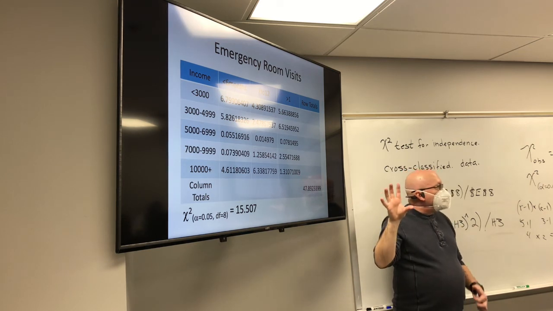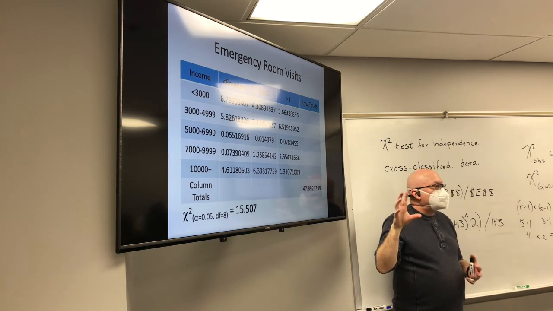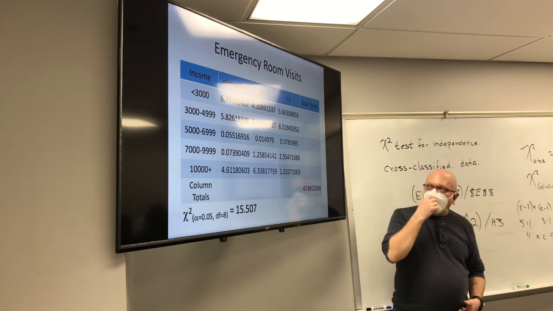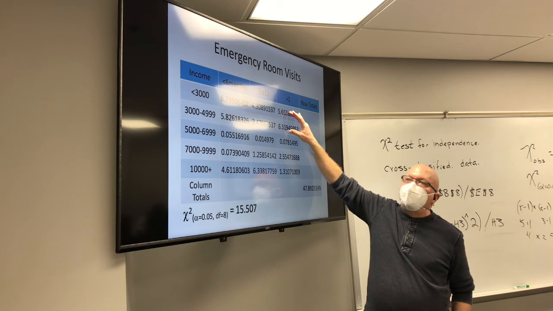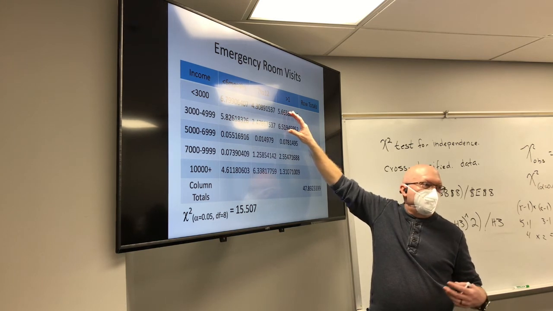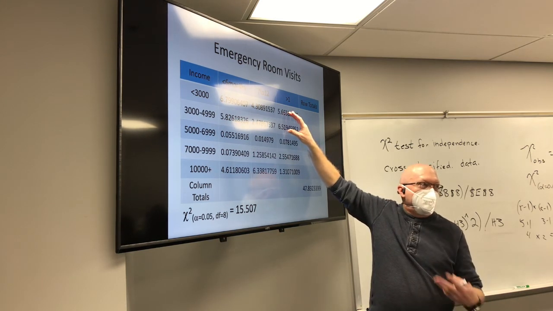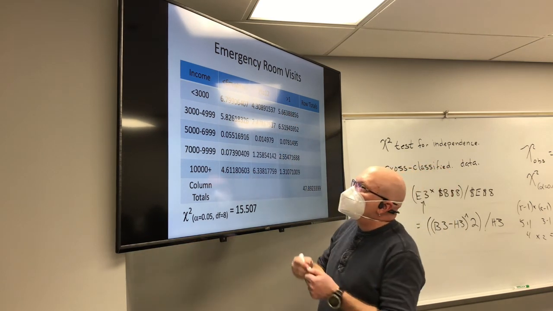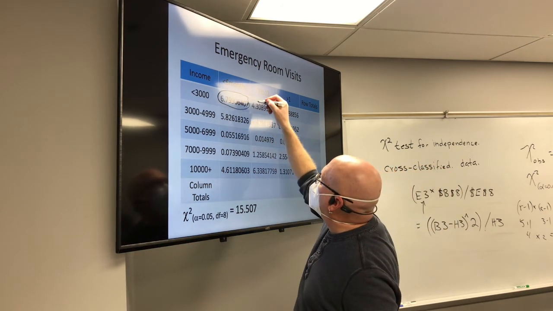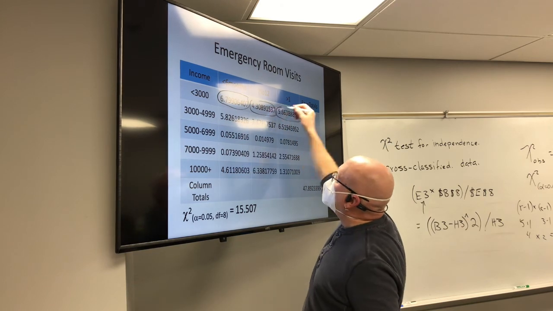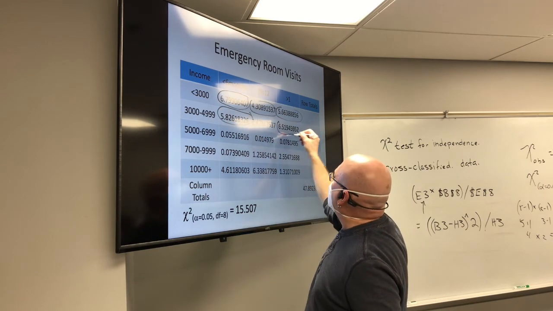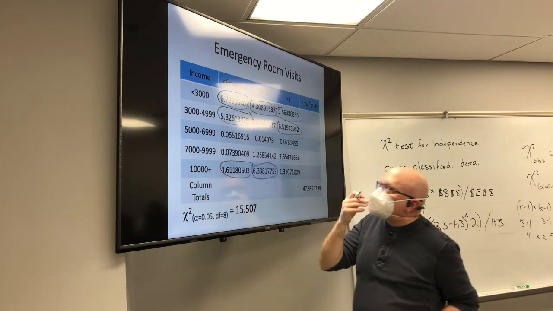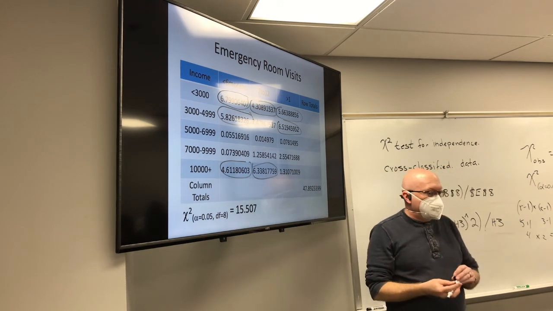But just looking at the contribution to the chi-square value doesn't tell you anything about the direction of this. Is this contributing because these people go to the emergency room more or less than they're expected to? So while this tells you which cells to pay attention to, it doesn't tell you the direction of the change.